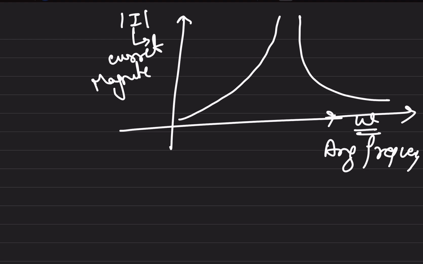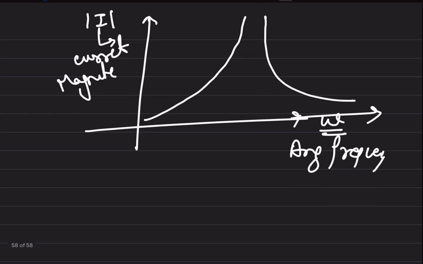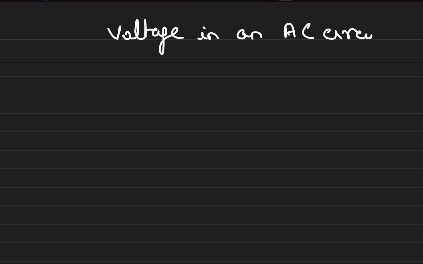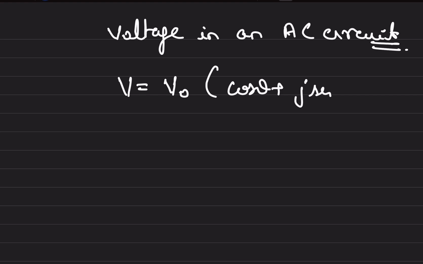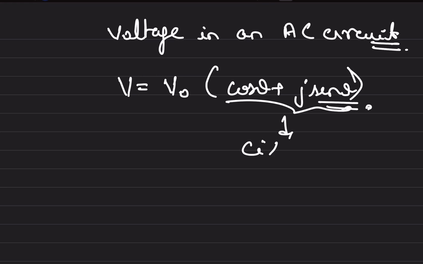Suppose there is the voltage V in an AC circuit. How is voltage defined in an AC circuit? V is equal to V naught (cos theta plus j sin theta), and cos theta plus j sin theta is equal to cis theta.